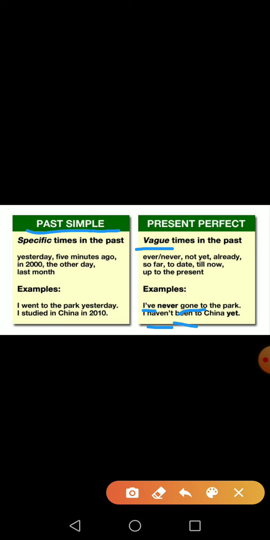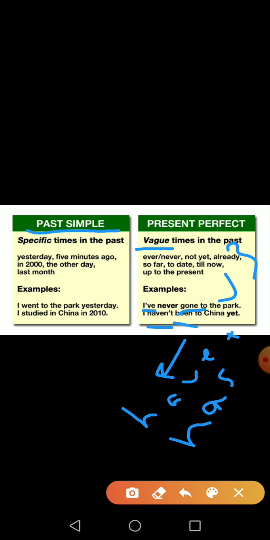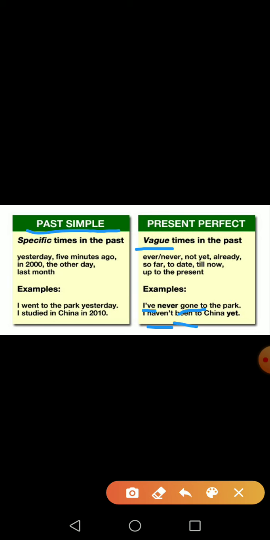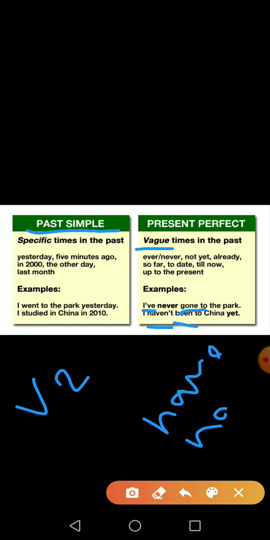So in the present perfect, have, has plus verb 3. However, in the past simple, we only use verb 2. So here, have, again, has, verb 3.